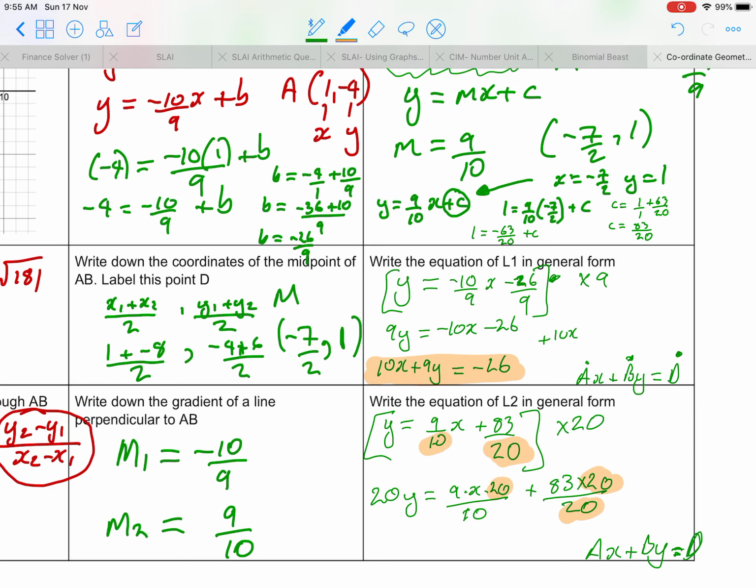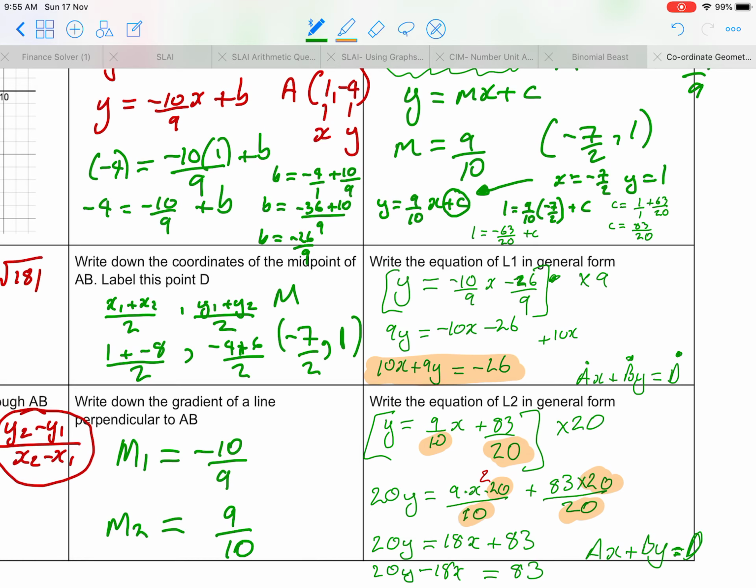And here the times 20 divided by 10 simplifies to a times by 2. So 20 over 10 becomes 2 over 1. So now you can finish off the equation. And this final one is 20y equals 9 times x times 2, 18x, and then plus 83. And then we do a final rearranging, and that's 20y minus 18x equals 83.